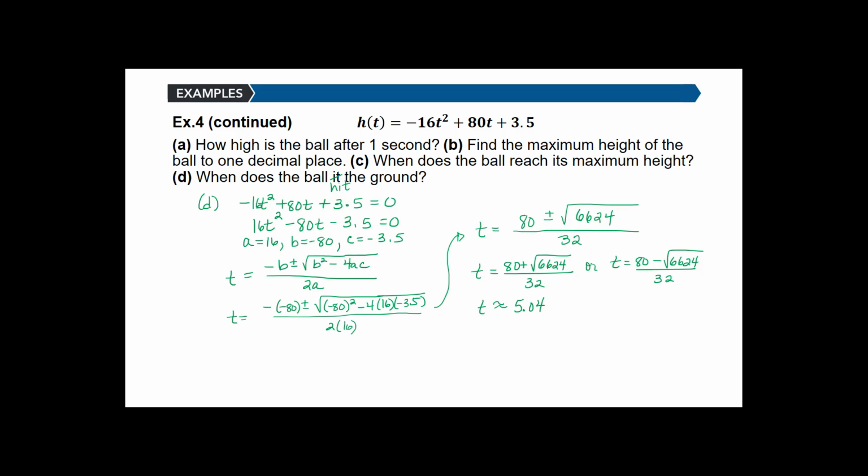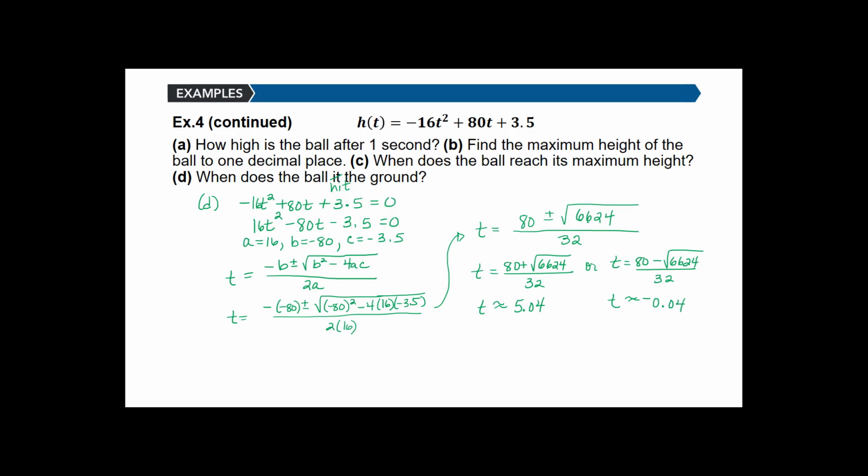I can repeat this expression except change the plus to minus, so I have parentheses 80 minus the square root of 6,624, exit the radical, close parentheses, divided by 32, and I get t is approximately negative 0.04.